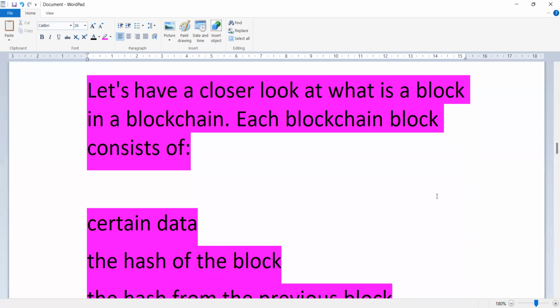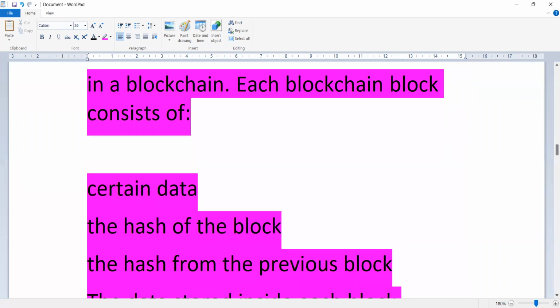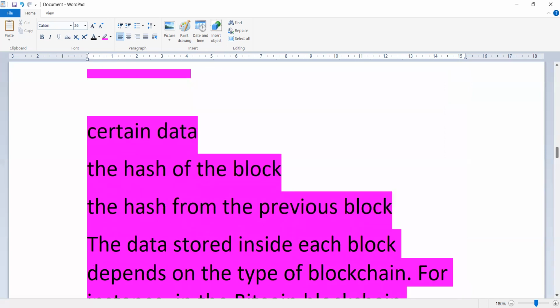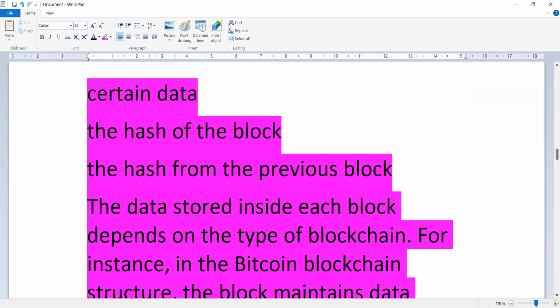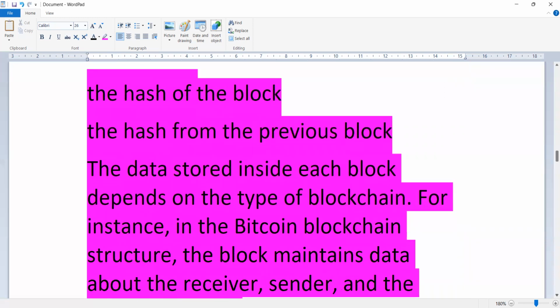Let's have a closer look at what a block in a blockchain is. Each blockchain block consists of certain data: the hash of the block and the hash from the previous block. The data stored inside each block depends on the type of blockchain.